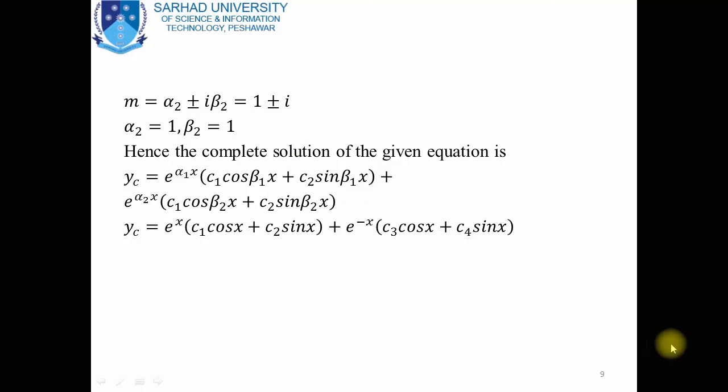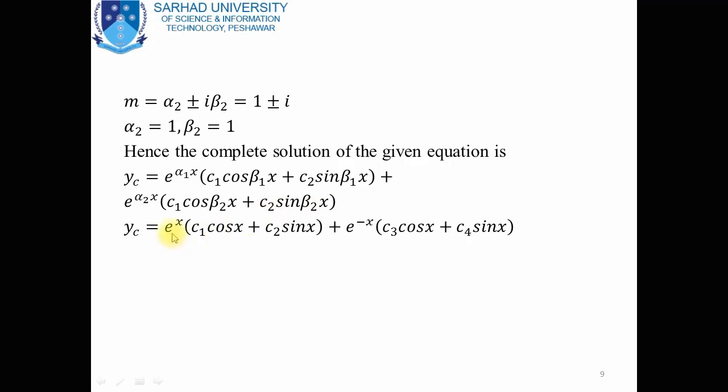Suppose in the first quadratic equation the roots are plus 1 plus minus iota 1, and in the second quadratic equation the roots are minus 1 plus minus iota 1. So we can write the complementary solution: e power alpha 1 x into c1 cos beta 1 x plus c2 sin beta 1 x, plus e power alpha 2 x into c3 cos beta 2 x plus c4 sin beta 2 x.